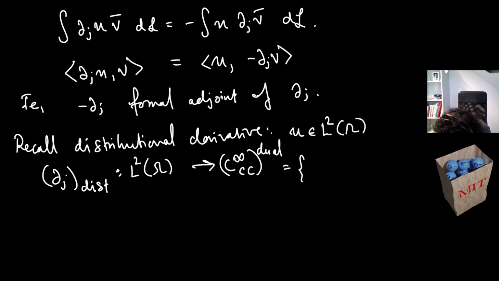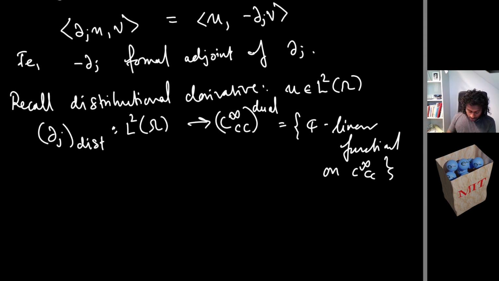I'm not going to talk about a topology on here. I just want this to be a C linear functional on C infinity compactly supported.